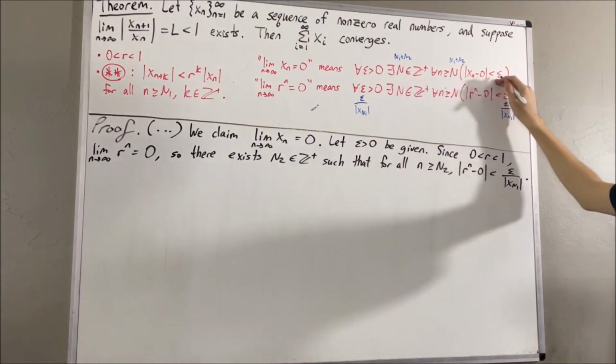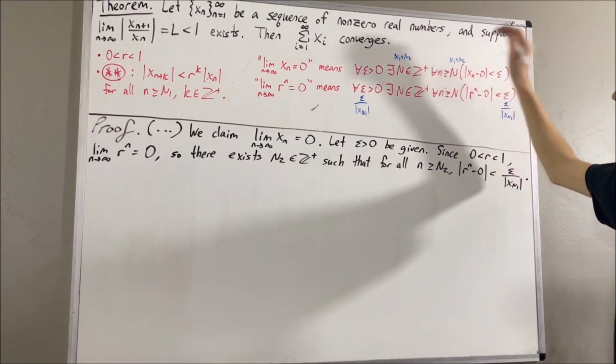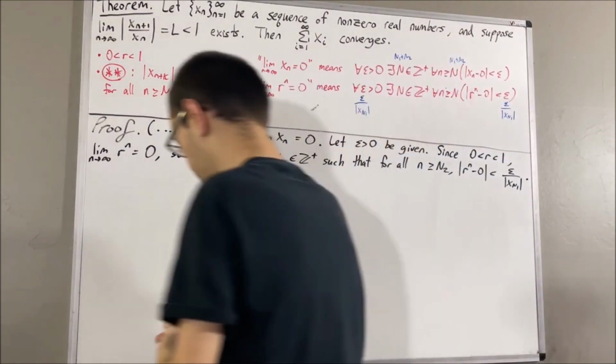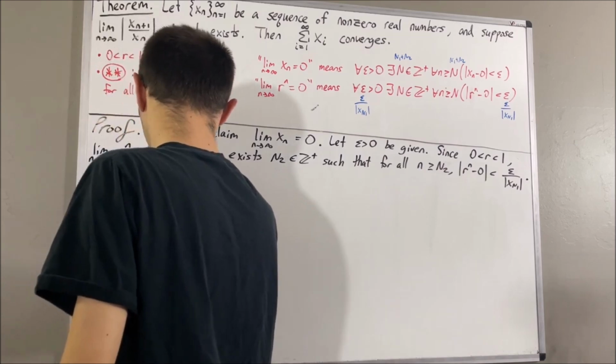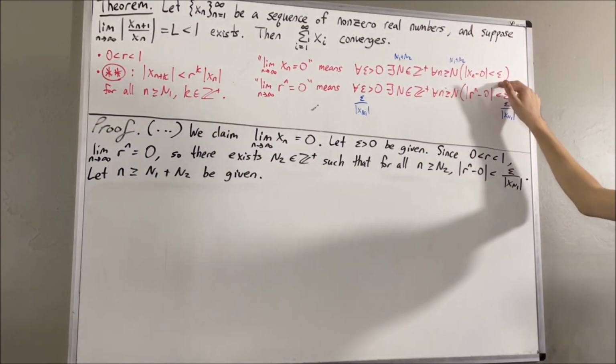Well, since we're trying to prove a statement about every integer greater than or equal to capital N1 plus capital N2, let's give ourselves an arbitrary integer greater than or equal to capital N1 plus capital N2. I'll call it n. And our whole goal from here is to prove this inequality.